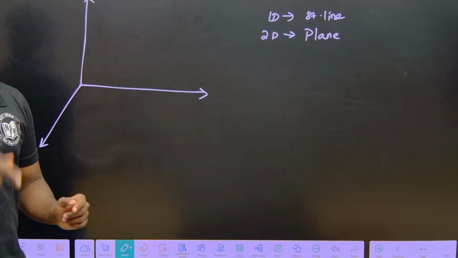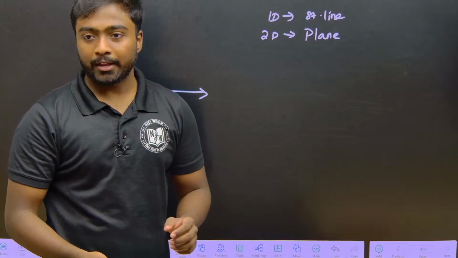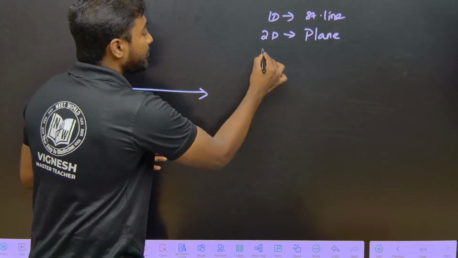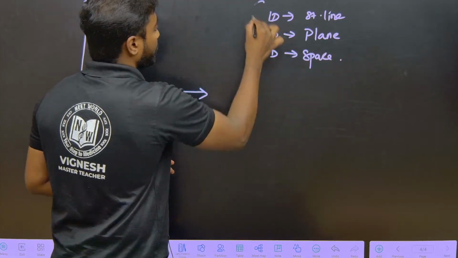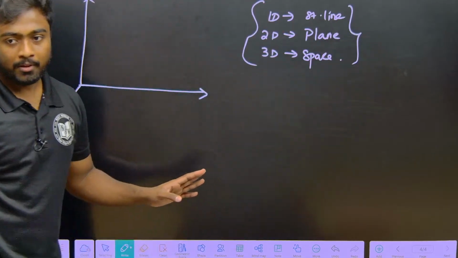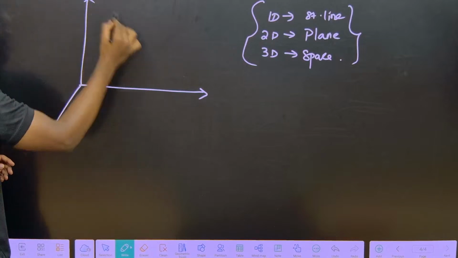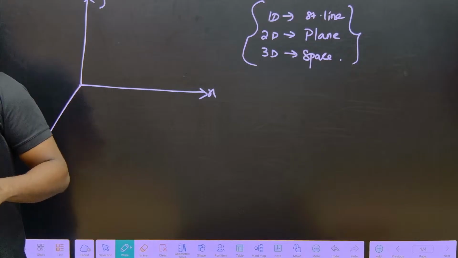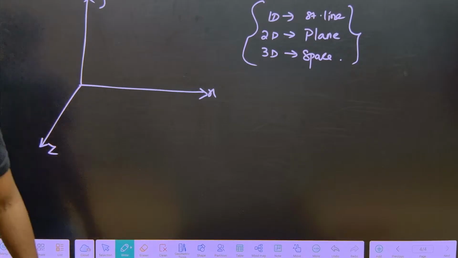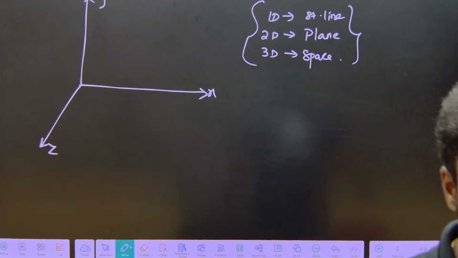Two dimensional means it's a plane. Circle we can take, parabolic path we can take. Three dimensional means space, and the coordinates are x, y and z.